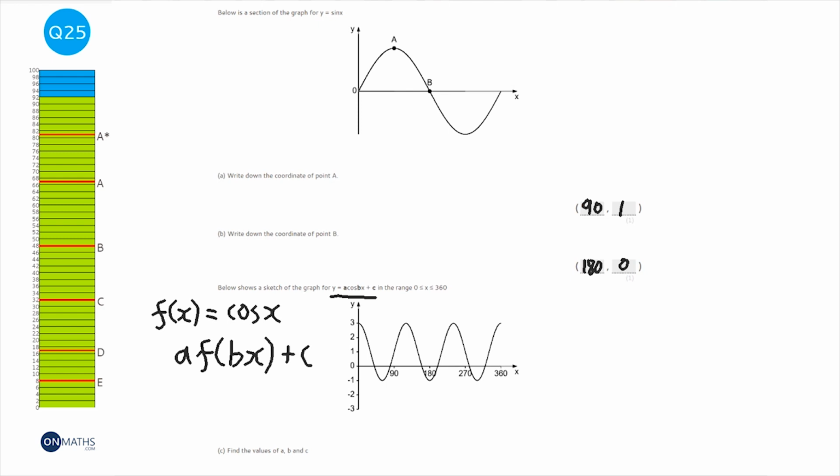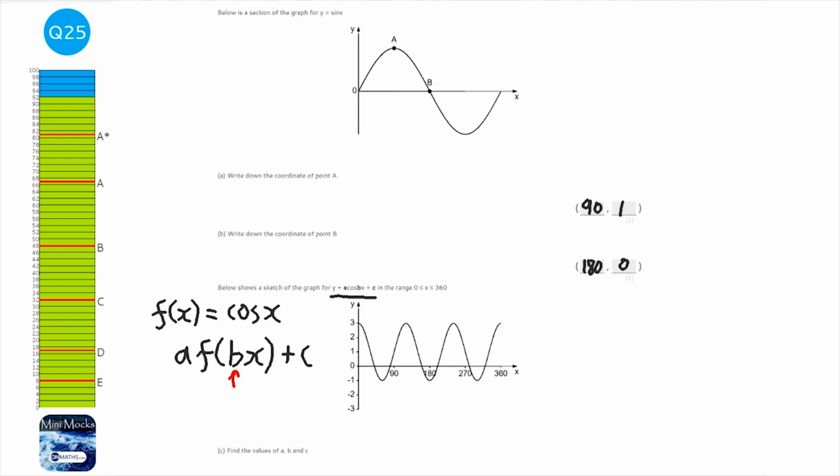So what do each of those bits do? Well, b affects the x coordinates. Basically that squishes it in if it's a number higher than 1, and it stretches it out if it's a decimal.